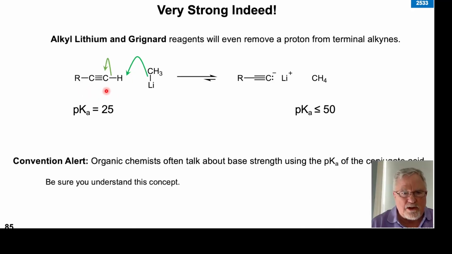But in this instance, the pKa for this alkyne is 25. The pKa for the conjugate acid of this base is 50. So this is a very strong base. And remember that the reaction always goes to give the weaker conjugate acid-base pair. And this reaction would go very much to completion.